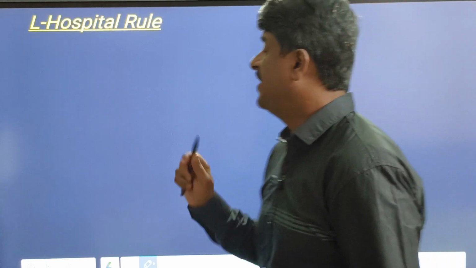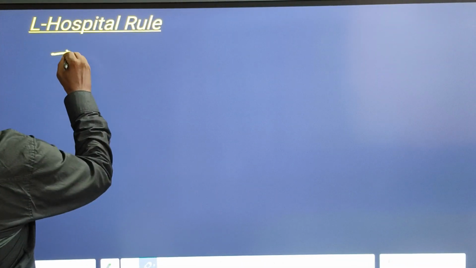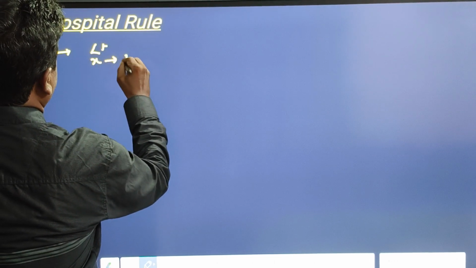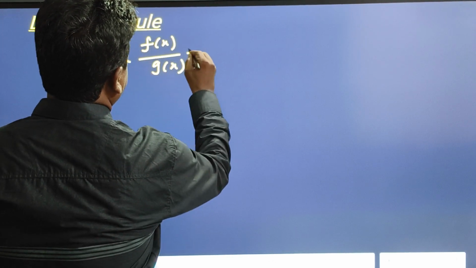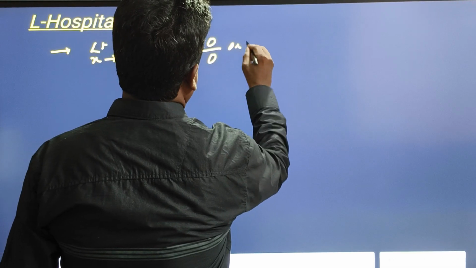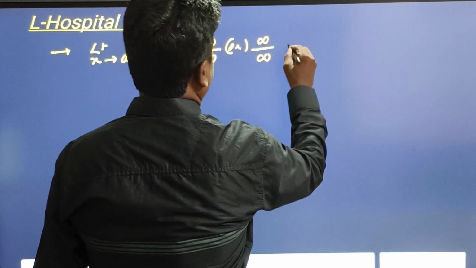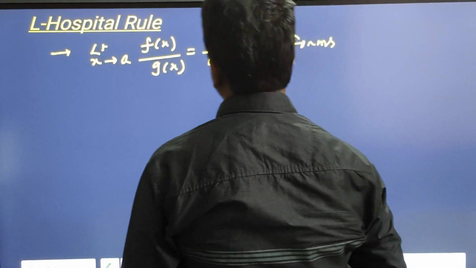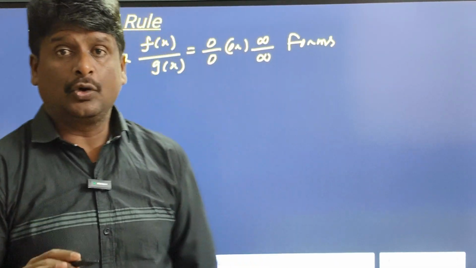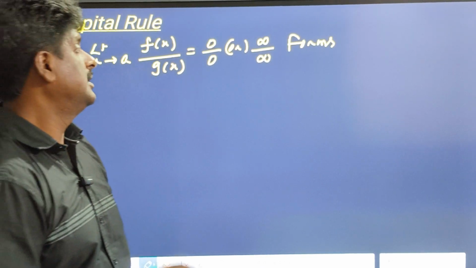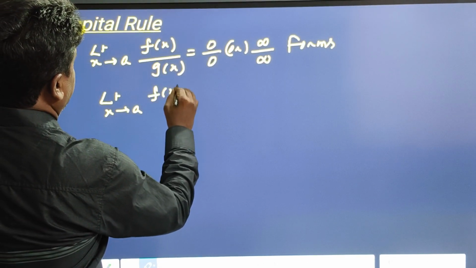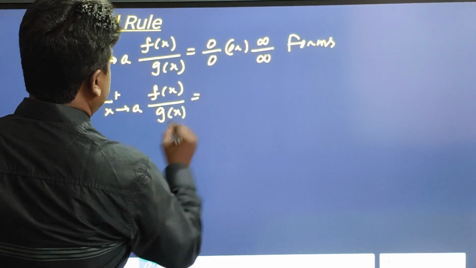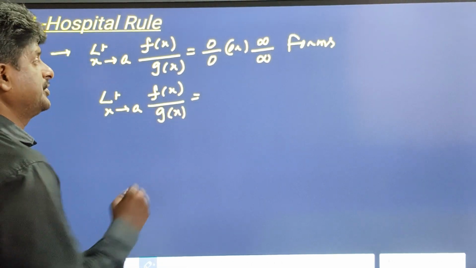Next, L'Hospital rule. Whenever limit x tends to a of f of x by g of x is 0 by 0 or infinity by infinity form, don't apply the limit directly for the given function.